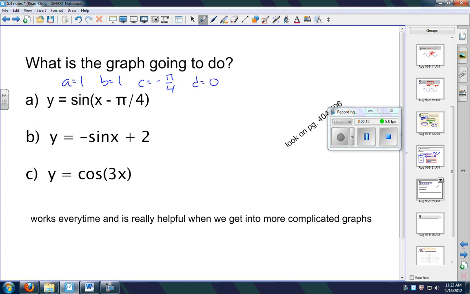So all this guy is a normal sine graph, but everything's going to be shifted right pi over 4. We would have our typical sine graph that looks like this. Clearly here's 2 pi. Every one of these 5 major points is just going to go right pi over 4.